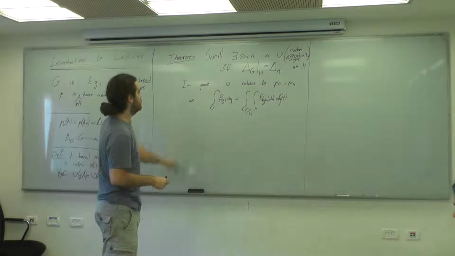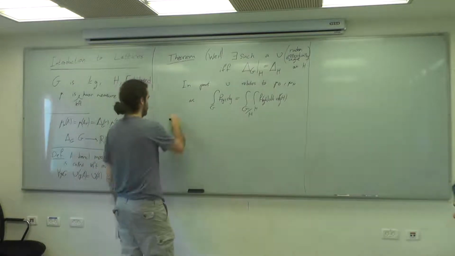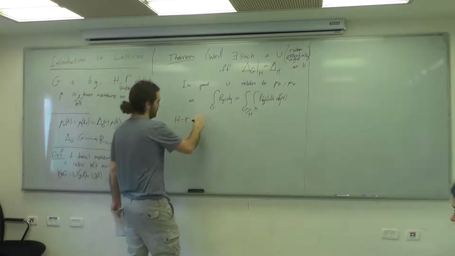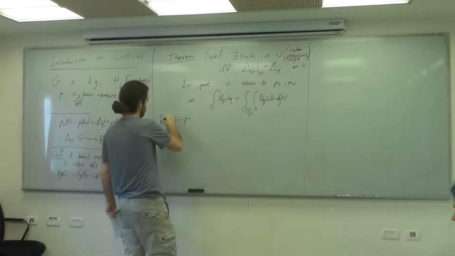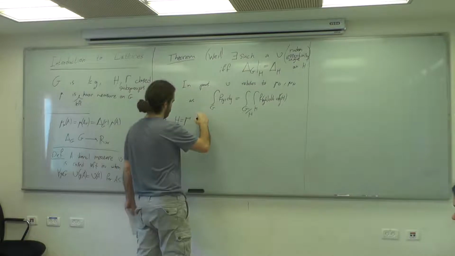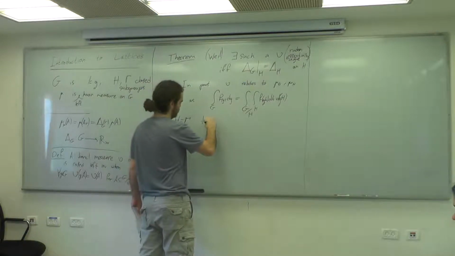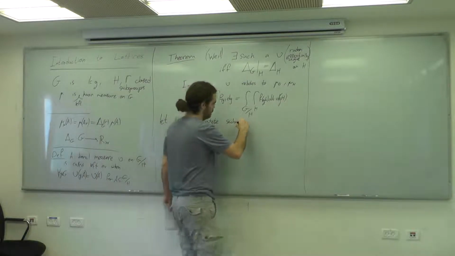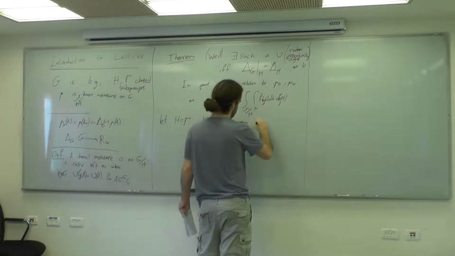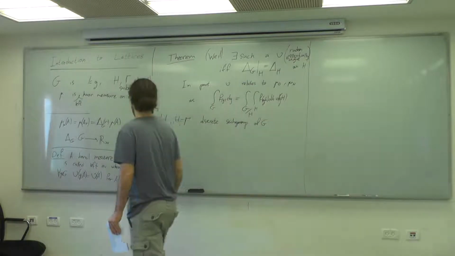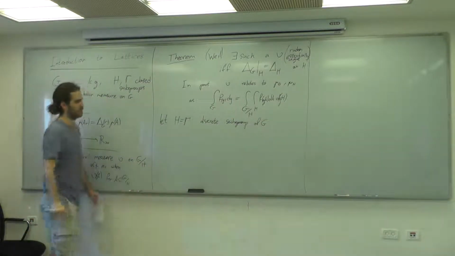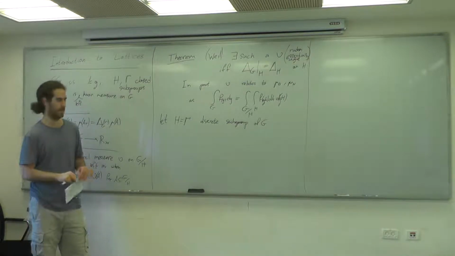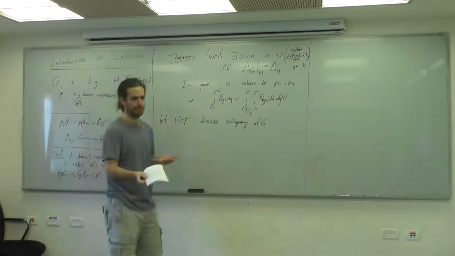So after we have this, we can think about the particular case where H is a discrete subgroup of G, and in this case the Haar measure is given by counting measure.